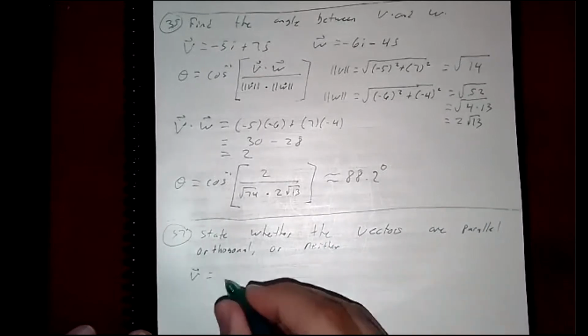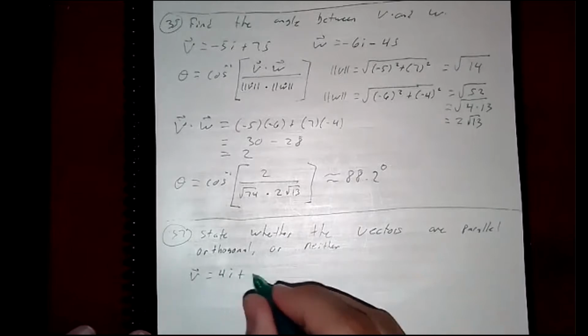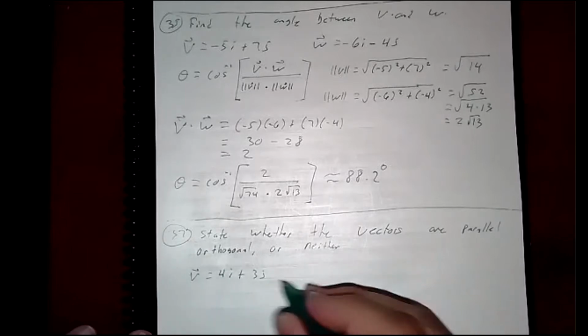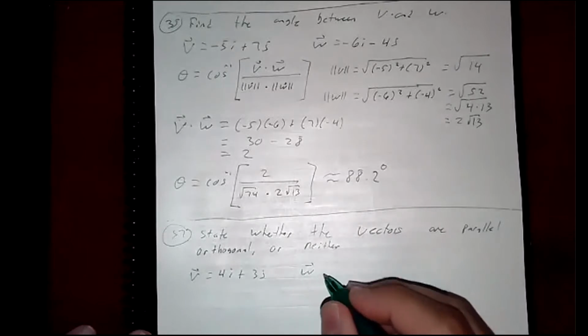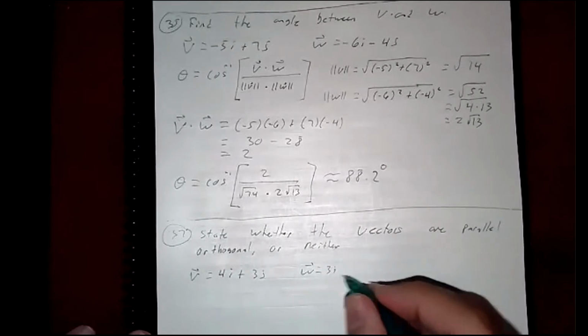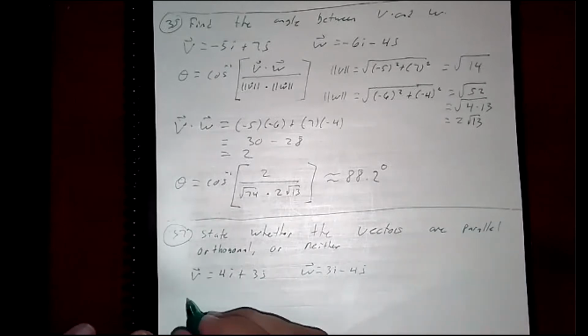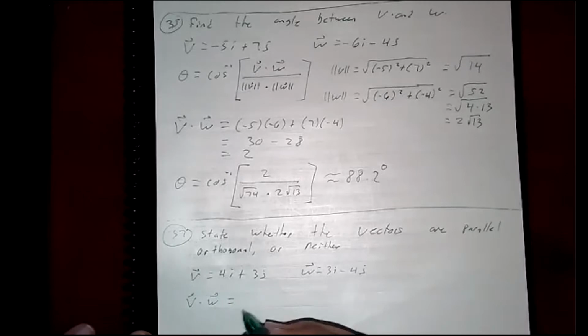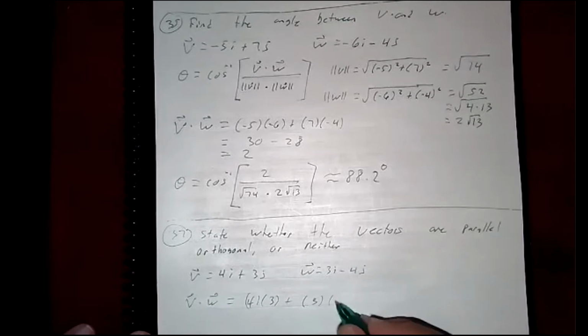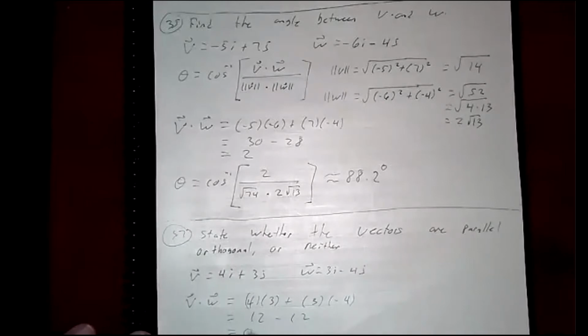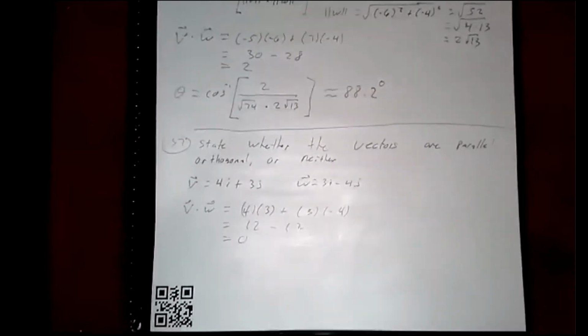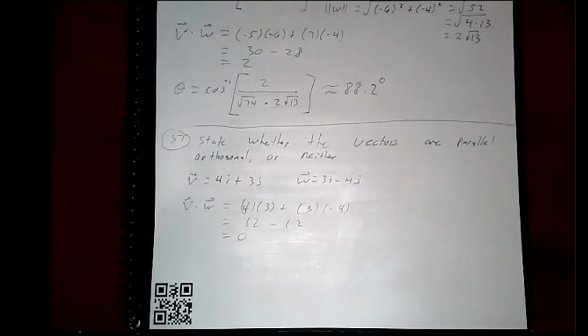So here's V. Here's W. Okay, so we just dot them together and see what happens. So V dot W would be 4 times 3 plus 3 times negative 4. So that would be 12 minus 12, which is 0. So when you get a 0, they are orthogonal.